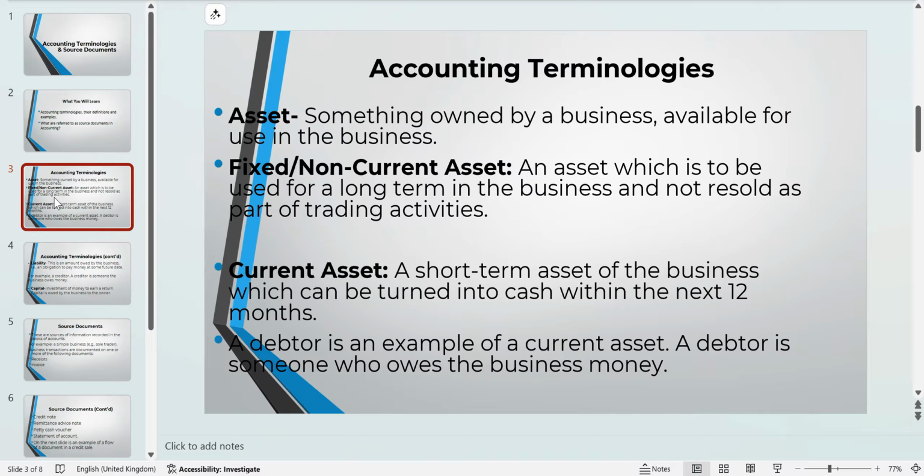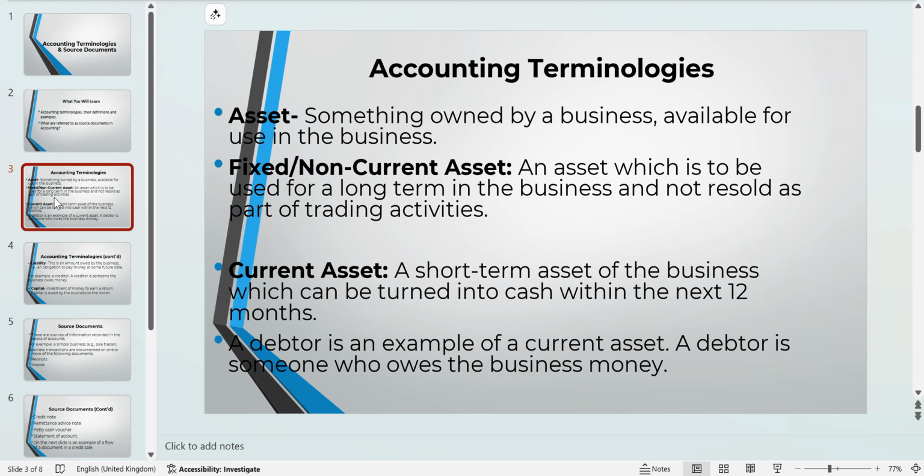Accounting terminologies. We have asset, something owned by a business available for use in business. In assets, there are two types: fixed or non-current assets, and then current assets.